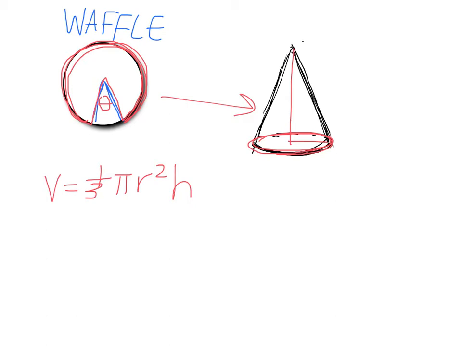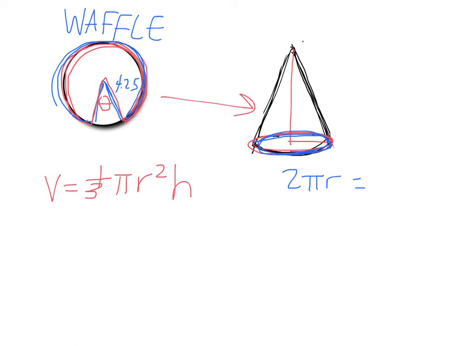Well, since the new circumference of the base of your cone, which is 2 pi r, is equal to what's left over from your original cone, which originally the radius was 4.25.